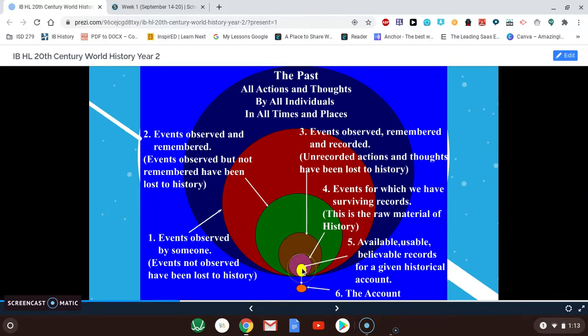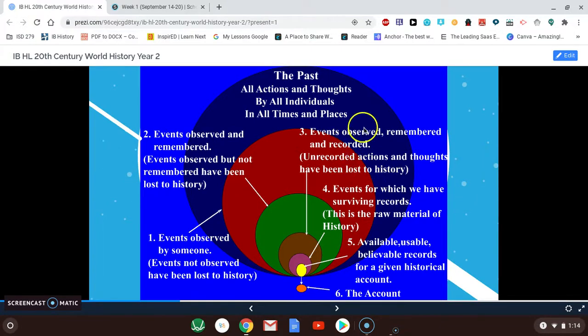And as historians, what we eventually provide is the account, which isn't actually what happened ever. All right. We try to find as many believable and usable records as we can. But the reality is the product, the things that we read, all the collection of every textbook is just taking all of these believable things and putting it into a tale of the account. And that's something that's very important to think of.